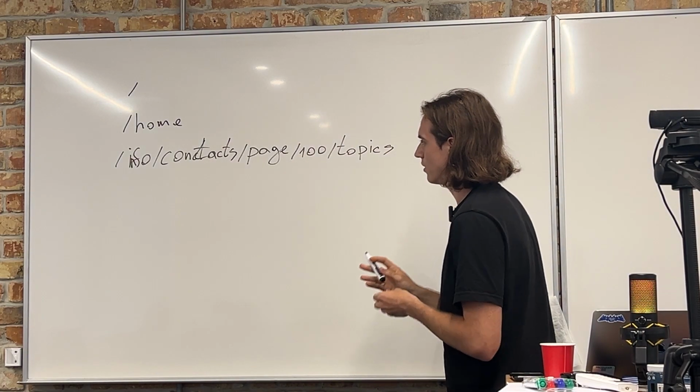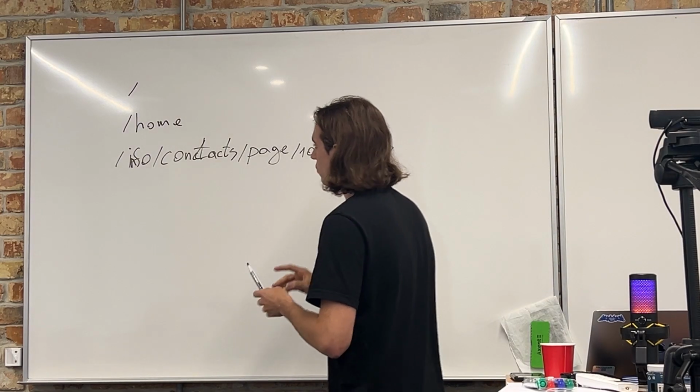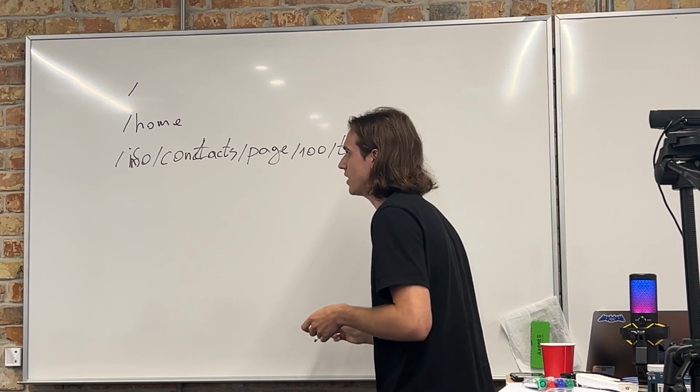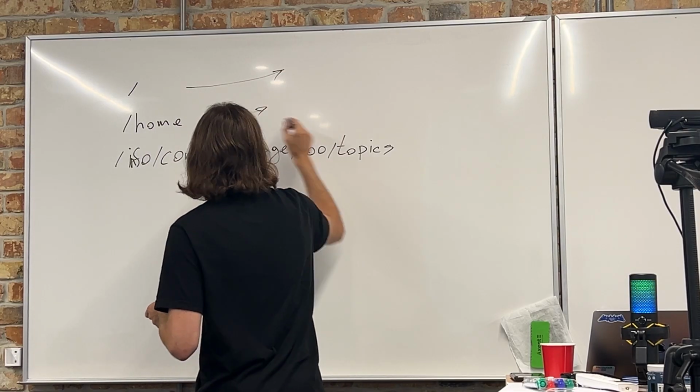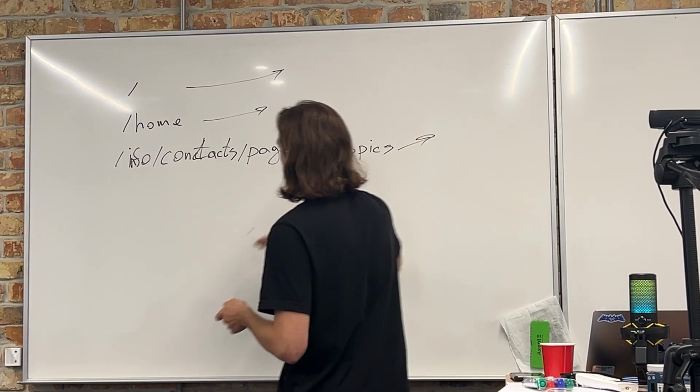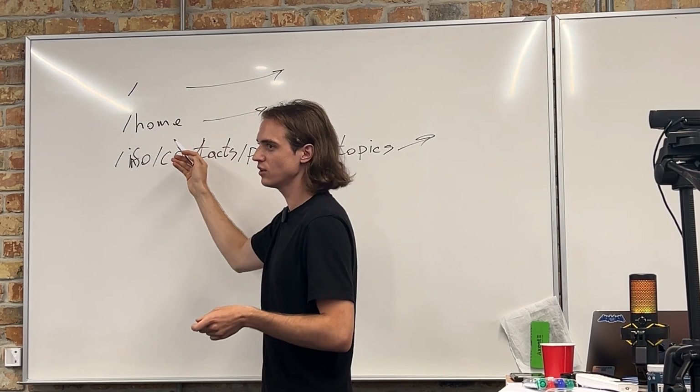It's also a path. So the routing is a process of association of the path with the action that we need to perform when our server receives a request with such a path.